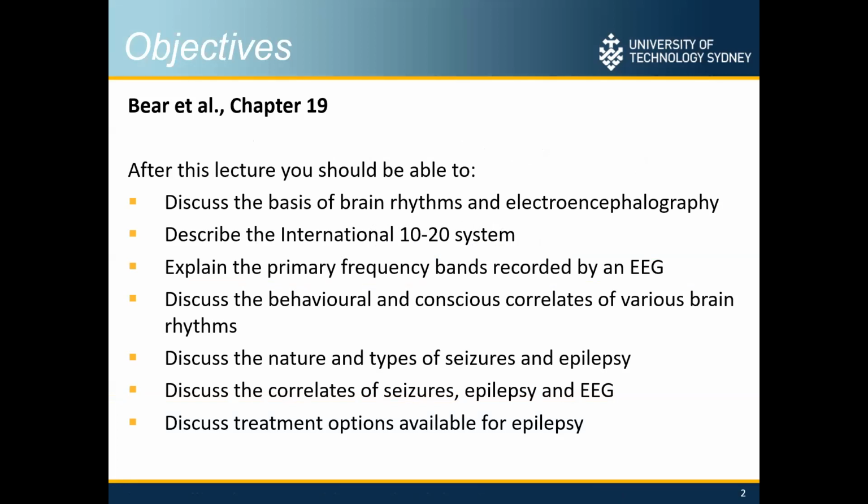In this hour, our objective is to make sure that we understand and are able to discuss the basis of brain rhythms and electroencephalography, describe the International 10-20 system, explain the primary frequency bands recorded by an EEG, discuss the behavioral and conscious correlates of brain rhythms, discuss the nature and types of seizures in epilepsy, discuss the correlation of seizure, epilepsy, and EEG, and why these are important to understand, and also discuss treatment options available for epilepsy.